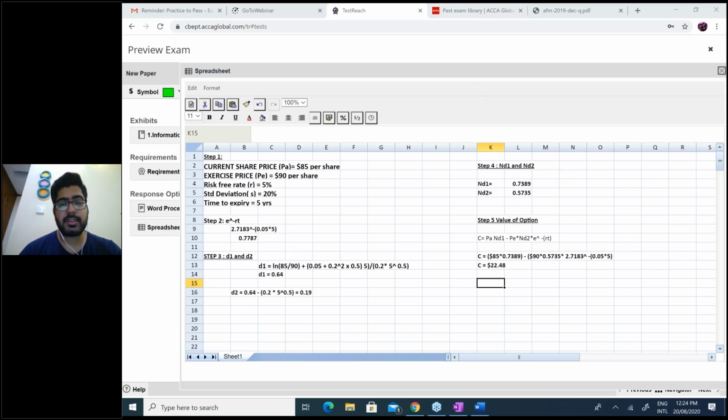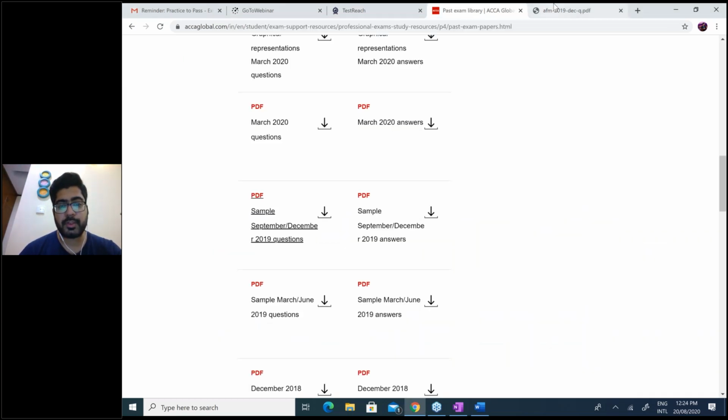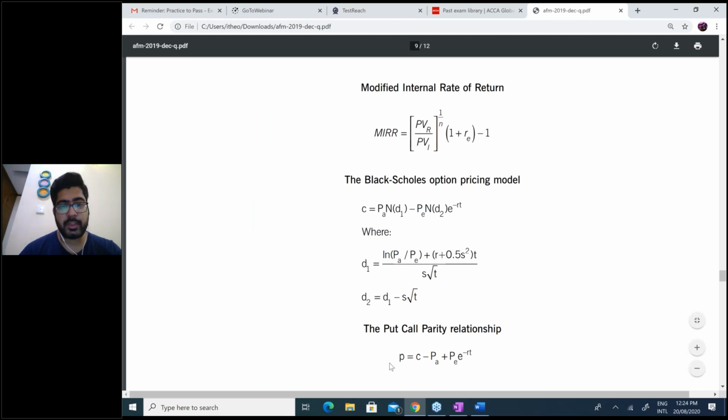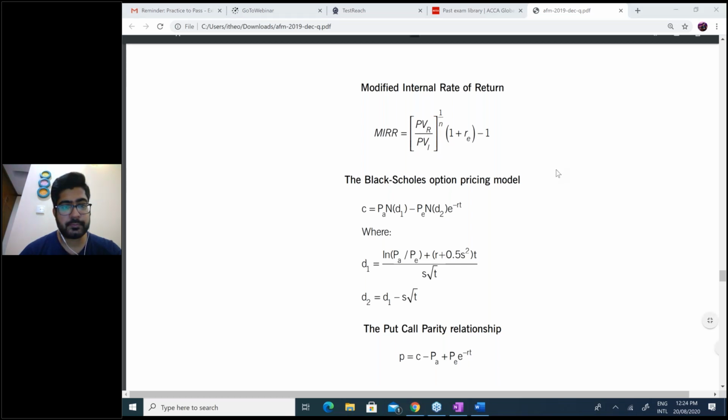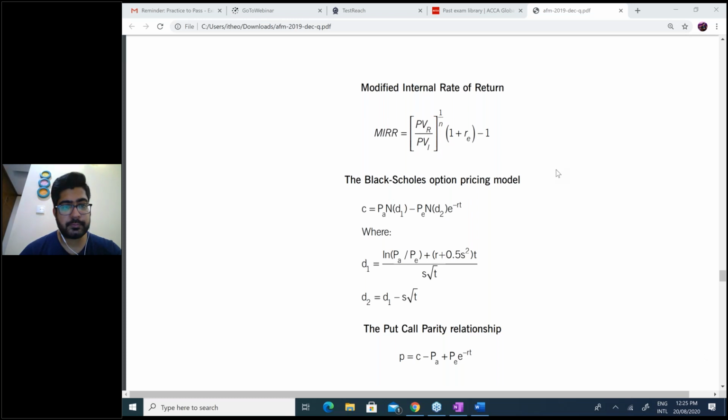Frederick, the formula sheet doesn't have only the formula of call option. You can see I've just opened the screen. It has the put option value formula as well. Yes, Goliath's premium.